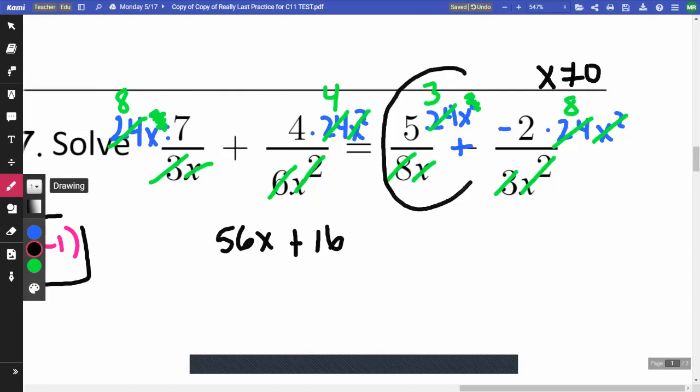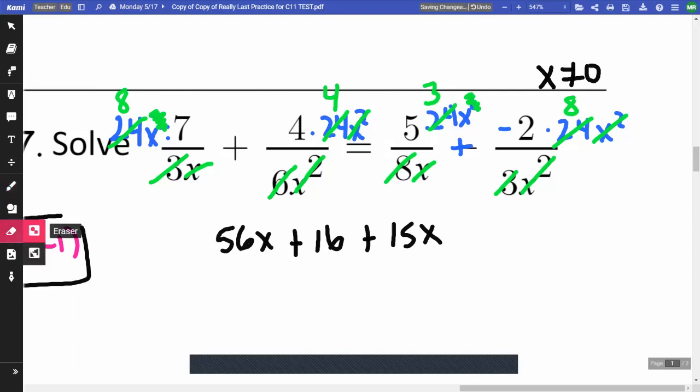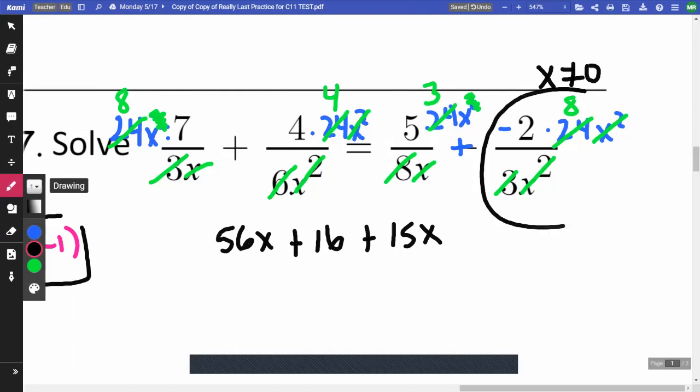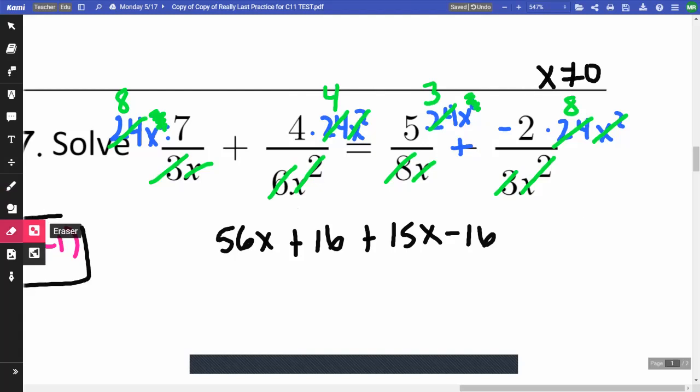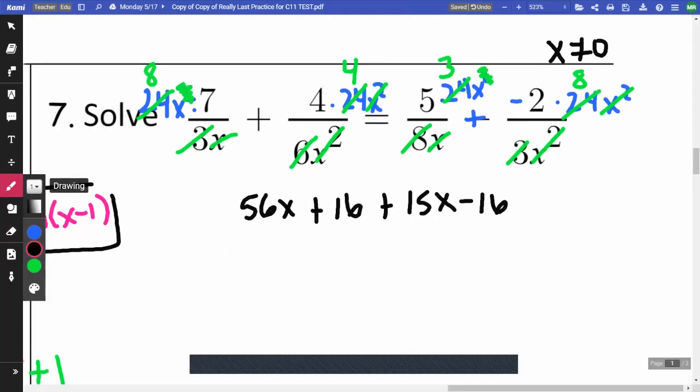Over here, I'm going to get a 5, 3, and x, so 15x. And over here, let's see, I'm going to have a negative 16. And now I'm going to solve this. And I forgot my equal, sorry. This is an equal.